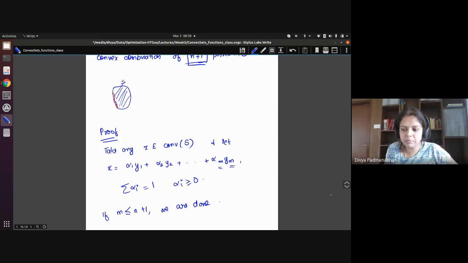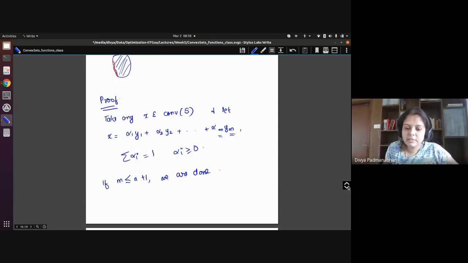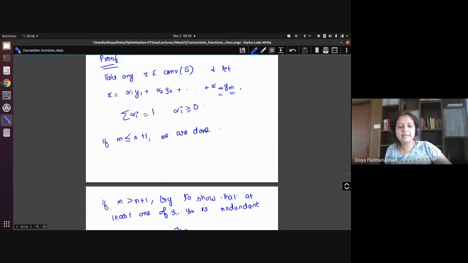So we already have a representation for this point. So suppose not, okay? If m is greater than n plus 1, so you wrote this as more than n plus 1 points, the representation had more than n plus 1 points.